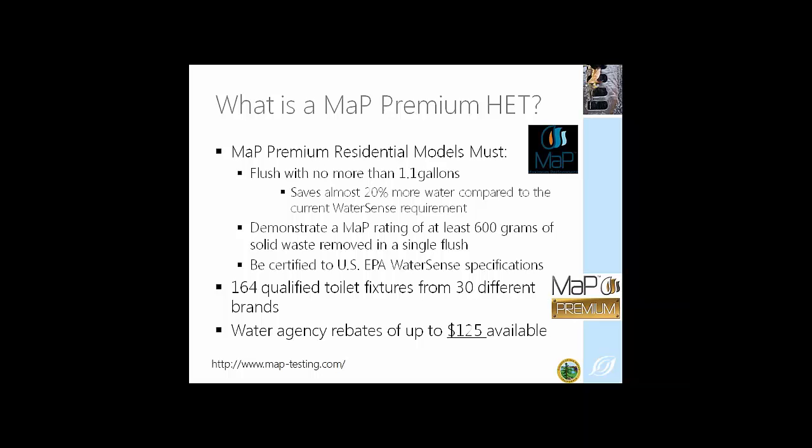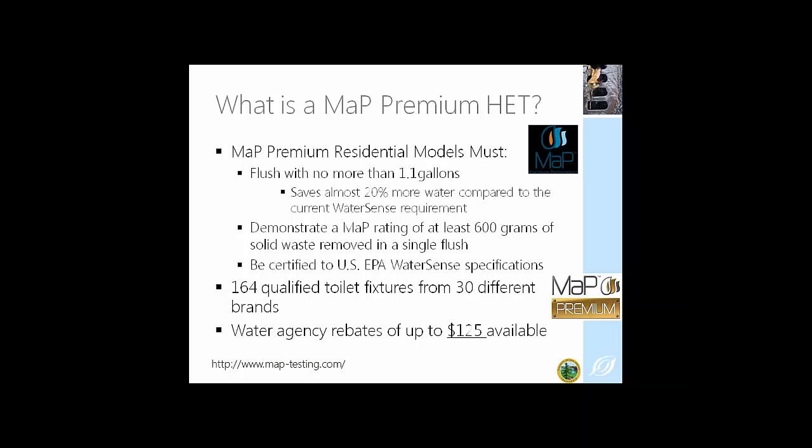So if you're thinking of replacing your toilet, a great resource is BOSCA.org to make sure that you qualify for that rebate program. Through the rebate program, you are eligible to receive up to $125 in reimbursement towards your purchase.